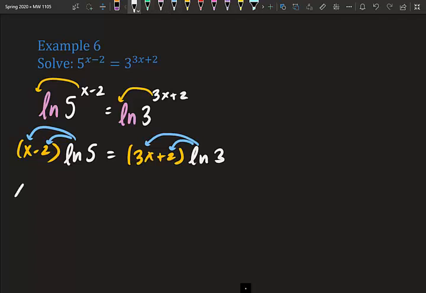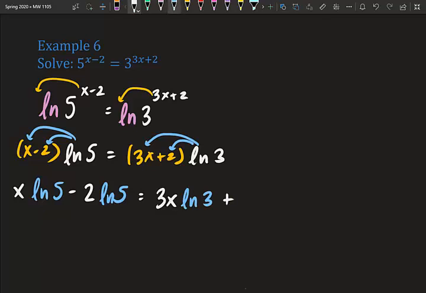So now we have x ln 5 minus 2 ln 5 equals 3x ln 3 plus 2 ln 3. Alright, just like before, anything with an x goes to one side, anything without an x goes to the other side.